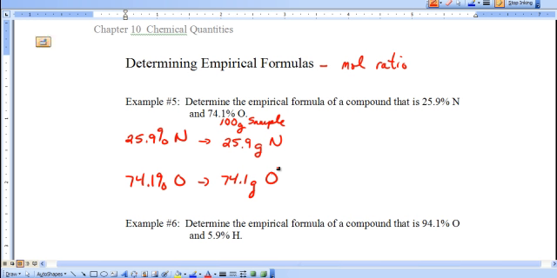Alright, so now we know in a 100-gram sample what the masses of the nitrogen and the oxygen will be. Now again, the empirical formula is a mole ratio. So now just change the grams into moles. How do we do that? Well, look at the molar roadmap that's on the back of your periodic table, or it could be up on the board.